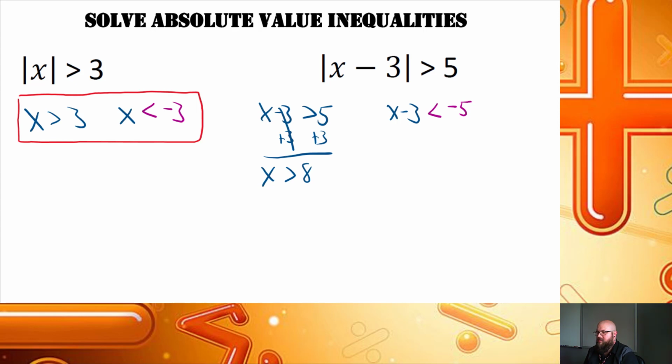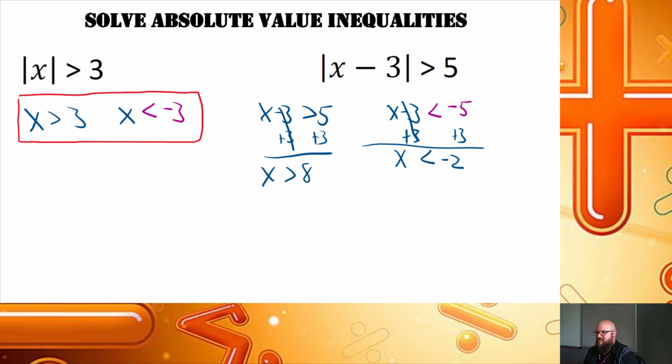Now, on this other side, we do the same thing with our minus 3 there. So if x minus 3 is less than negative 5, we're going to take this positive 3 and add it to both sides. We're left with x on the left-hand side, these 3's go away, less than, and then negative 5 plus 3 gives us negative 2.